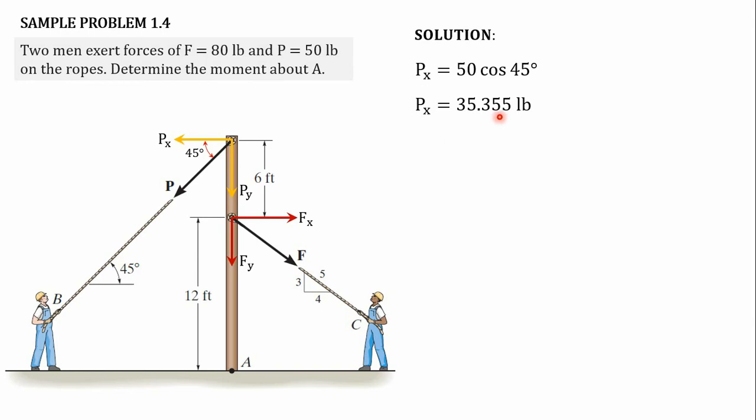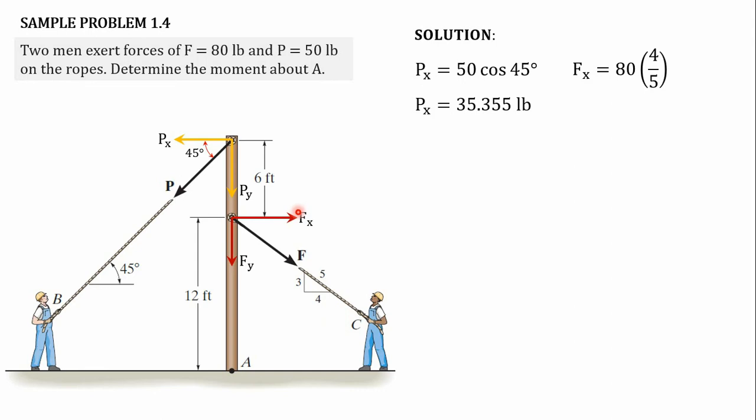Okay? So, how about Fx? To solve Fx, ito yung F natin. And solve natin yung Fx lang. Hindi natin solve si Fy. Okay? Kasi hindi ito makakaproduce ng moment at A. So, Fx lang natin yung solve natin. Okay? How to solve Fx?